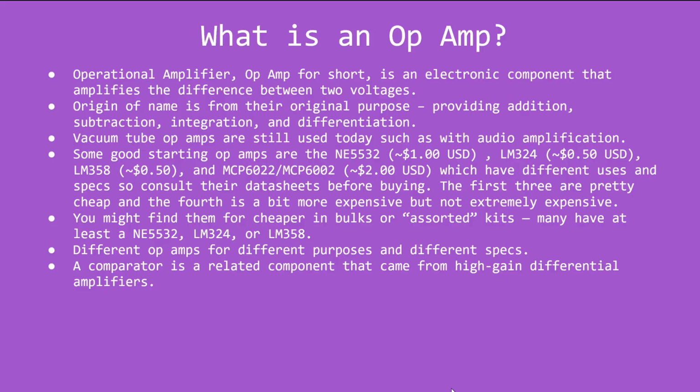There are a number of good starting ones, depending on your needs, and ones such as the NE5532, LM324, and the LM358 are often found in variety packs of integrated circuits that you'll see sold cheap for hobbyists. Keep in mind, different op amps have different purposes, different specs. You might be able to substitute one for another, but you really need to check the data sheets.